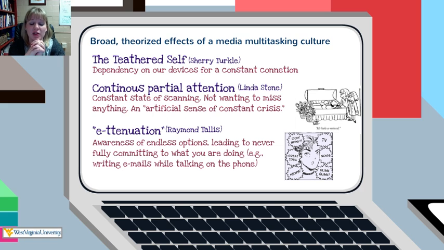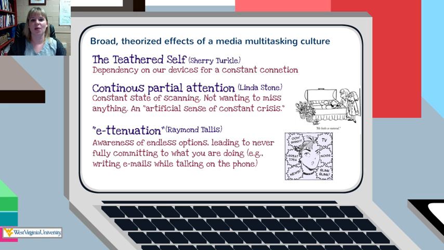And then very much related to that, Tallis talks about this notion of attenuation. So here, with continuous partial attention, we also know that there are endless options now, right? If you're shopping for something online, and this is a very literal example, there's not just one store. You could shop until you drop, literally.